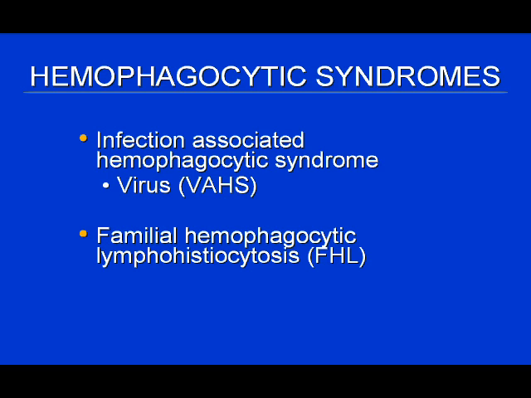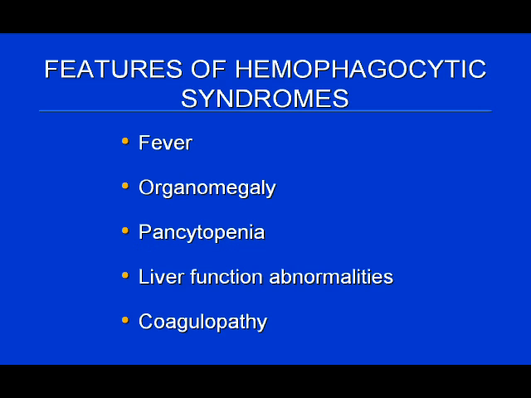EBV is associated with a lot of things in the hematopathology world, and infection-associated hemophagocytic syndrome is yet another one. It is possible that the familial hemophagocytic syndromes really don't manifest themselves until patients encounter an infection, usually with a virus, which they are unable to deal with, and then this genetic abnormality becomes manifest.